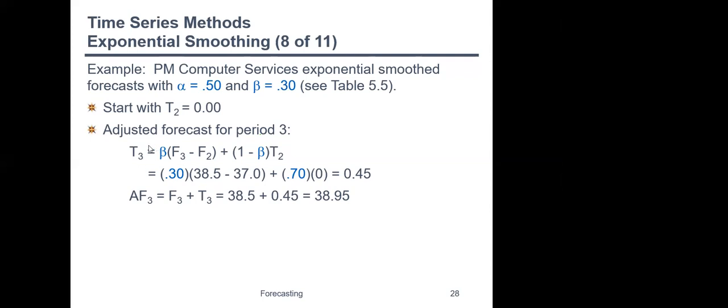Now remember, the trend in period 3 will be giving us beta into bracket, the forecasted value in period 3 minus the forecasted value in the previous period, plus 1 minus beta times T2. And they've already told us that T2 here is 0. So let's substitute that. You realize that it will be 0.3 into bracket F3.